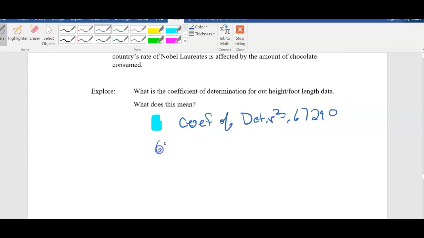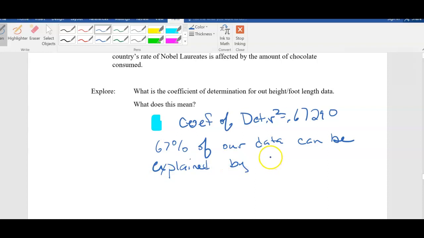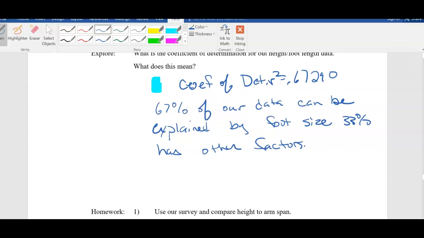All right, that means 67% of our data can be explained by the foot size. Subtracting from 1, which means 33% has other factors. So like the height of your parents. Things on that order that do not have to do with your foot size, that determine how tall you are.